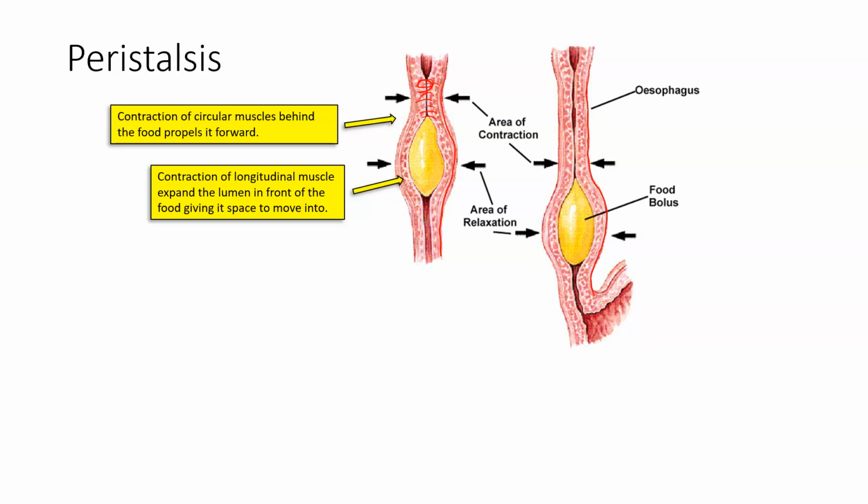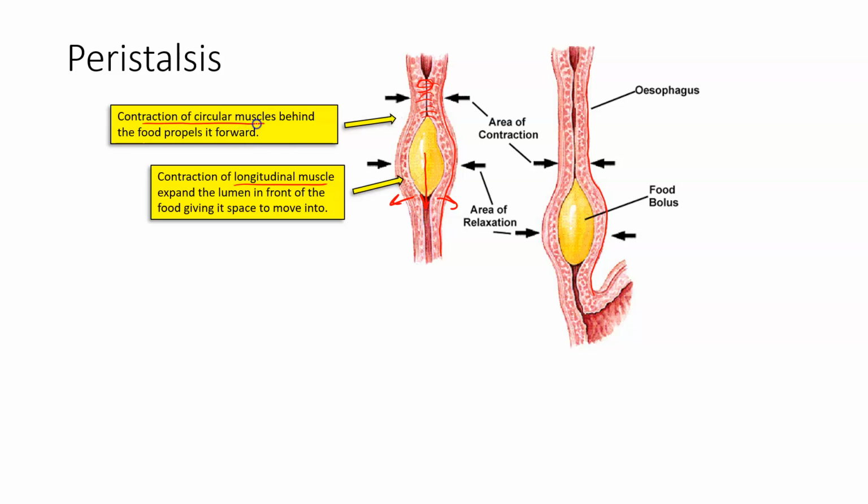And so for peristalsis to happen, the longitudinal muscle has to expand in front of the bolus this way to open up and reduce pressure so that the bolus can slide towards that decreasing pressure.